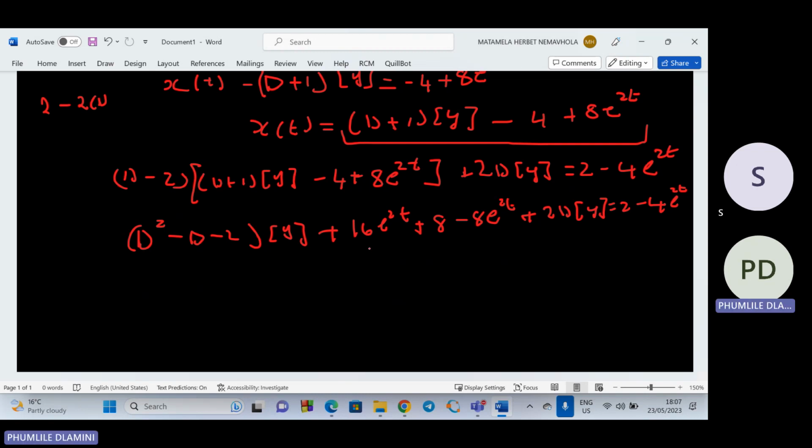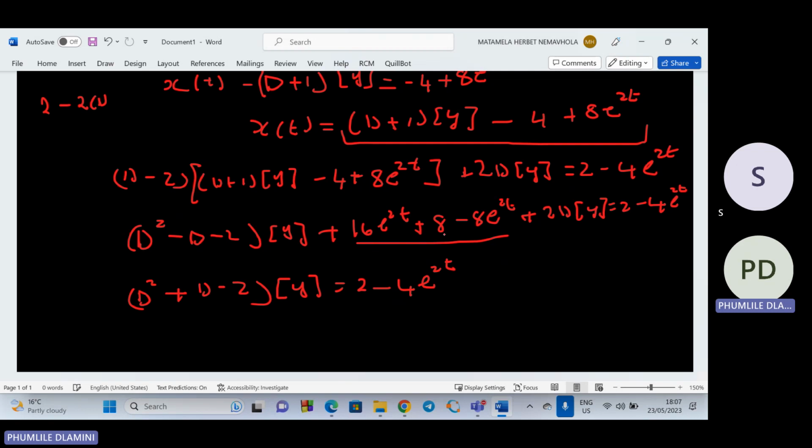If you add here, we're going to add these like terms. Here, if we add it, we're going to end up having d squared plus d minus 2, because it's 2 there. This is for the side of y. Which equals, we take all these terms, the other side is 2 minus 4e to the power 2t.